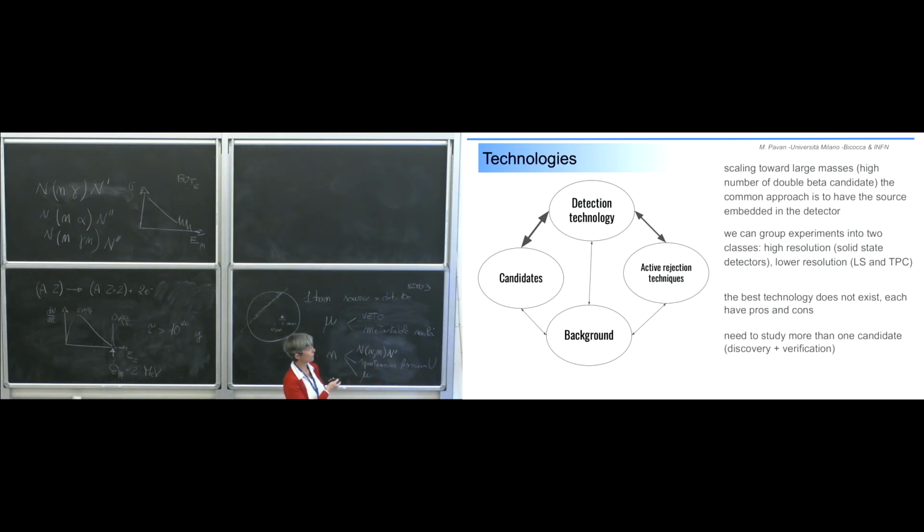And the same is for the background. Once I have chosen technology and candidates, I have a special kind of backgrounds that are particularly dangerous. And once I have chosen the technology, I have only a subset of active rejection techniques that can be used.